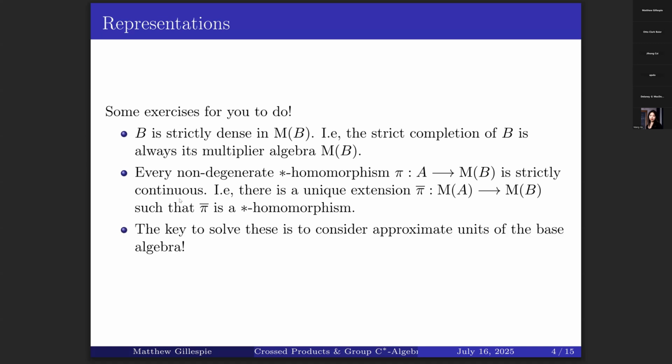The key to solving these two problems is to consider approximate units of the base algebra. As an example, to tackle the first one, where B is strictly dense in M of B, I would first consider an approximate unit, E sub lambda in B, and I would first verify that E lambda converges to the unit in M of B strictly.